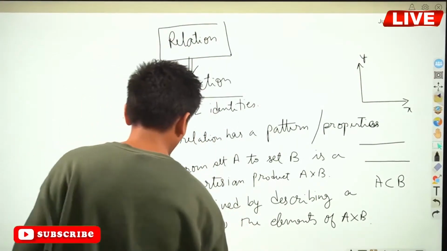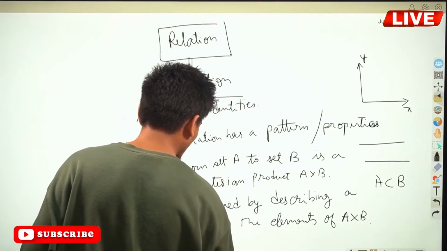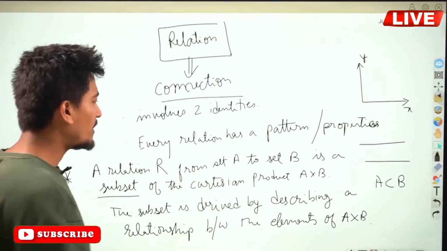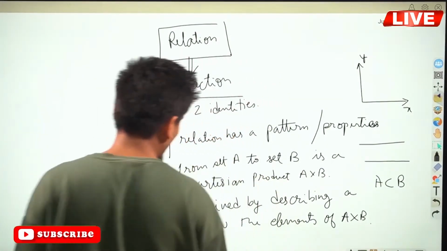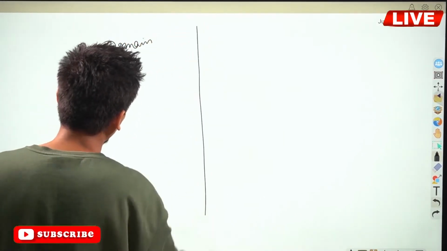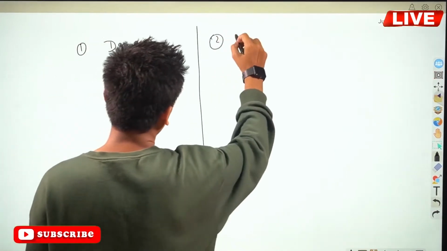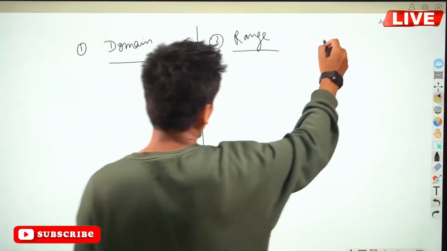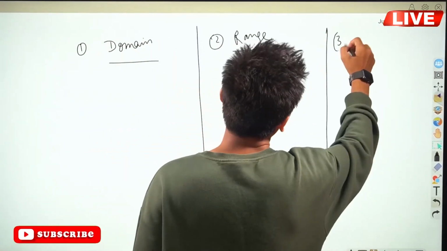Understood? So in relationship, you have learned about three important things. So what are they? First of all, you have learned about domain. Then you have learned about range, and then you have learned about codomain.